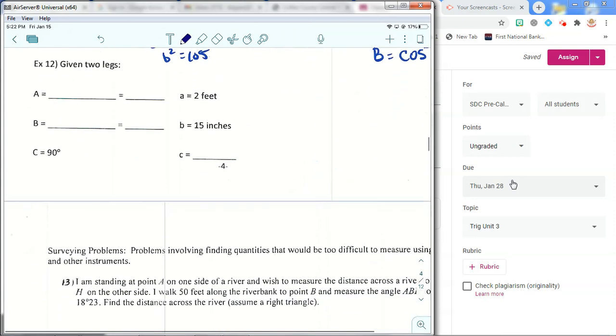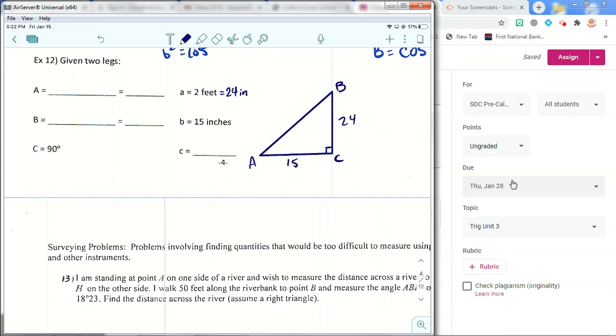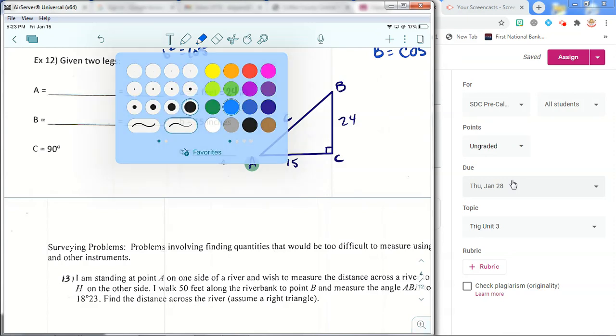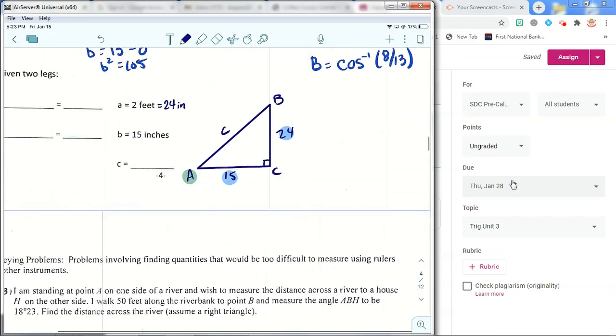Very similar, but instead of given a leg and hypotenuse, we're going to have two legs. Oh, and we are given units. One is feet and one is inches. We don't want that, so we'll make them both inches. All right, so let's start with angle A. Here we know the opposite and we know the adjacent, so that means we're going to use the tangent.